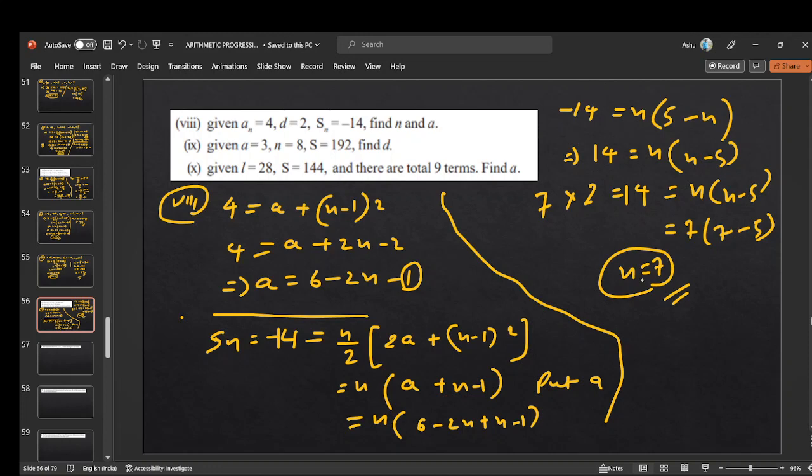This is our n. Clear? Here we are able to find n, and with the help of n we can use equation 1, 6 minus 2 7s are 14, here 8 minus. Clear? That is the answer.